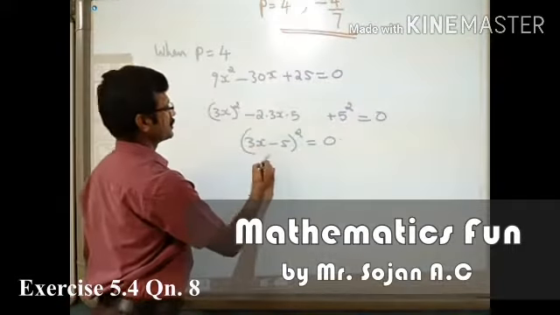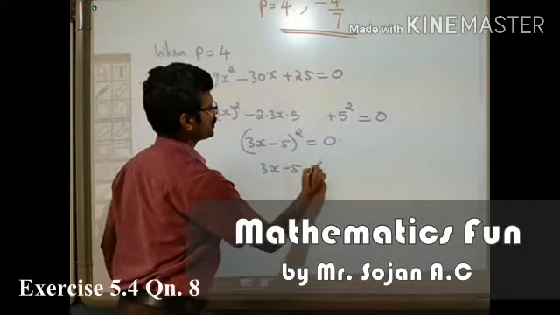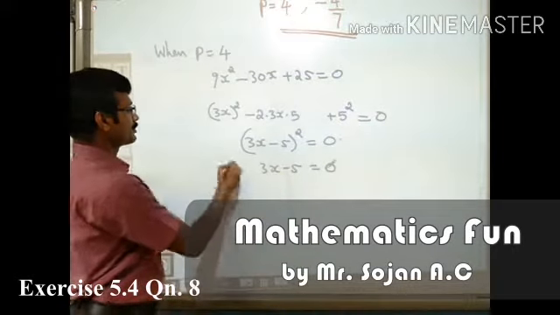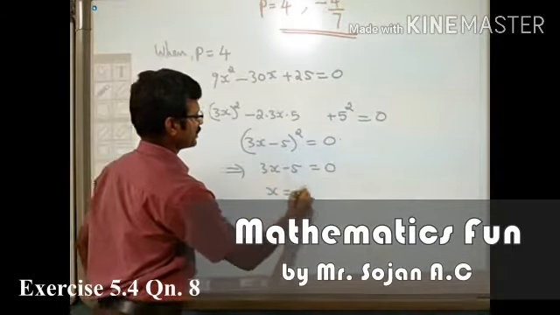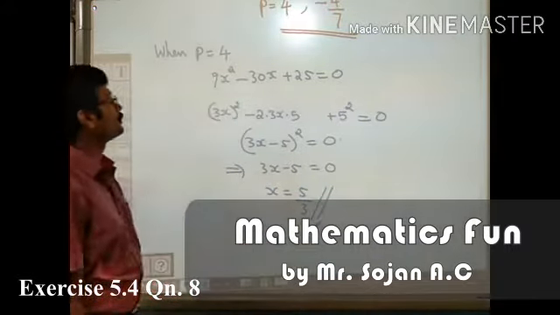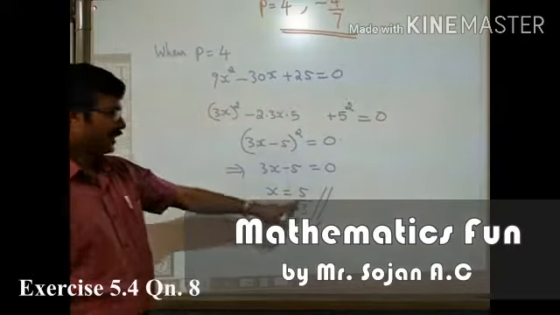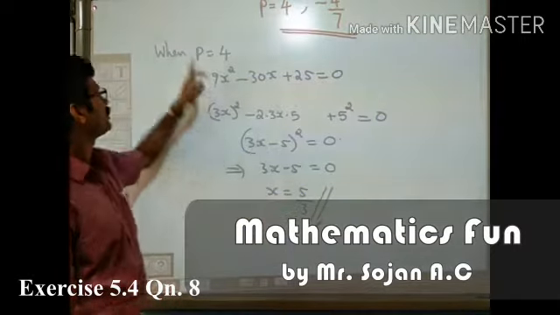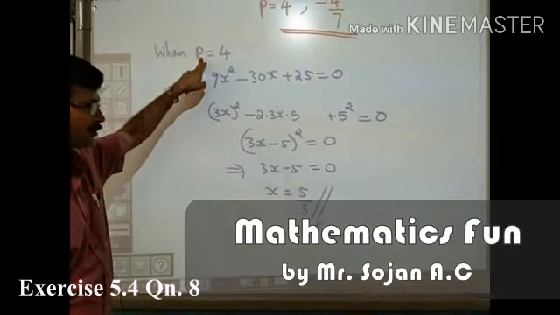So from this, 3x minus 5 whole square equal to 0, the number itself must be 0. 3x minus 5 is equal to 0. From this we get x is equal to 5 by 3. This is the value of x when p is equal to 4, that is the root. So this is the first case when p is equal to 4.